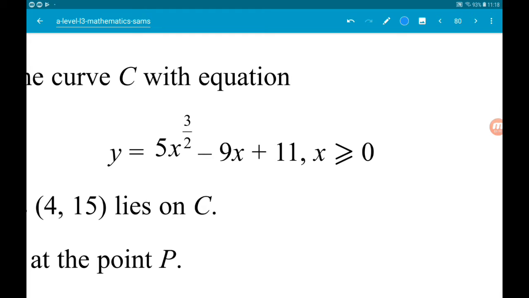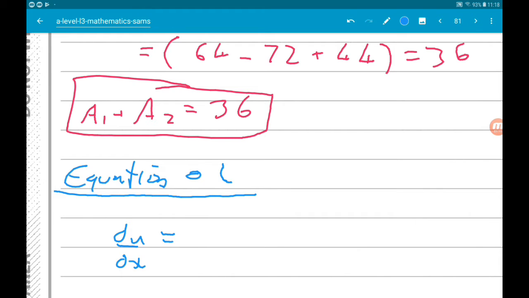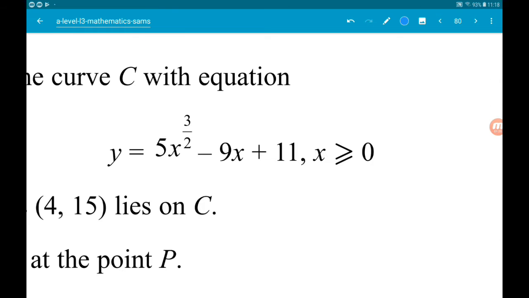So it's going to be 15 halves x to the half. And then we're going to get minus 9.